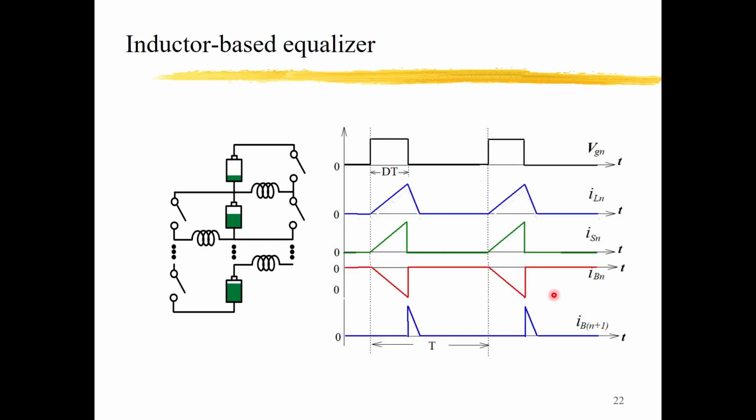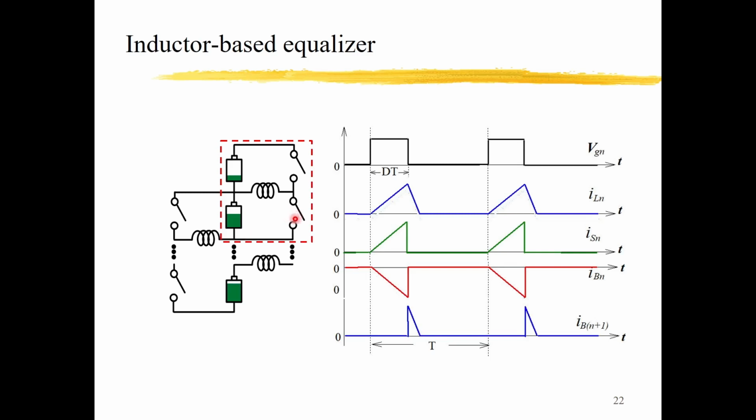Okay, that is the capacitor-based equalization method, and here is an inductor-based one. In this inductor-based method, for example, for these two battery cells, if we turn on this switch first, then this voltage will charge the inductor, so there will be a current flowing clockwise.